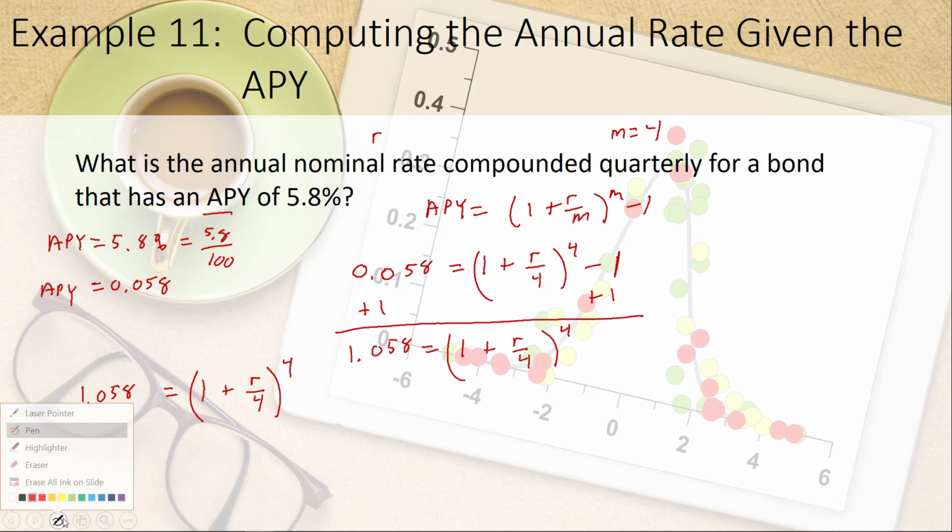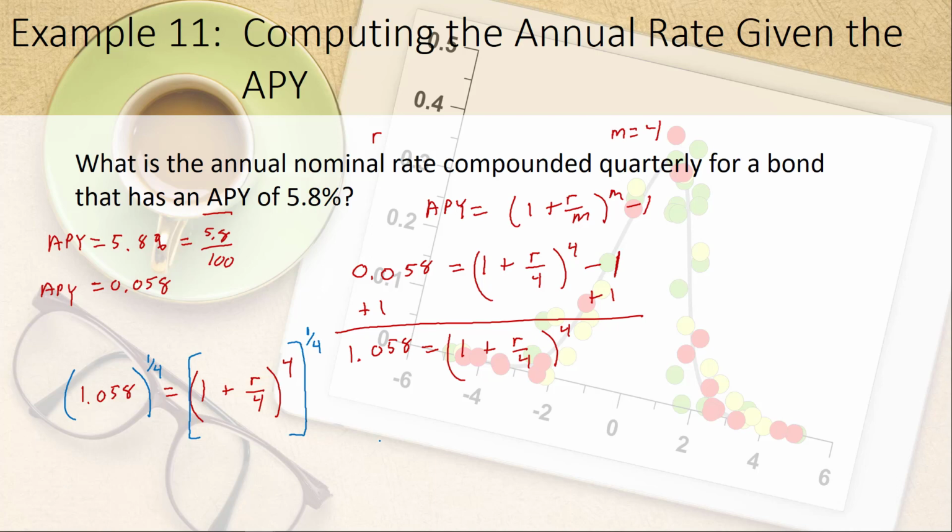And what we can do is take the fourth root of both sides. Taking the fourth root is the same as raising this to the 1/4 power and then raising this to the 1/4 power. If you remember the power property of exponents, if we have exponents outside of a grouping symbol like this, they multiply.